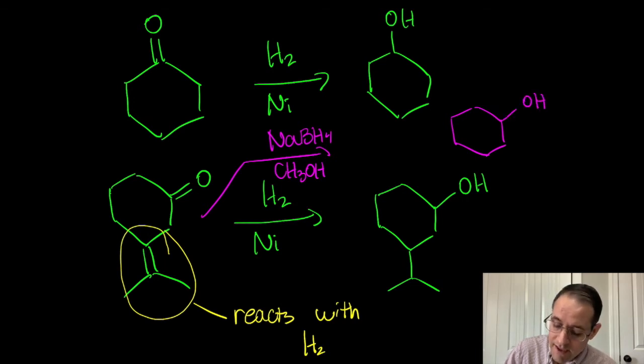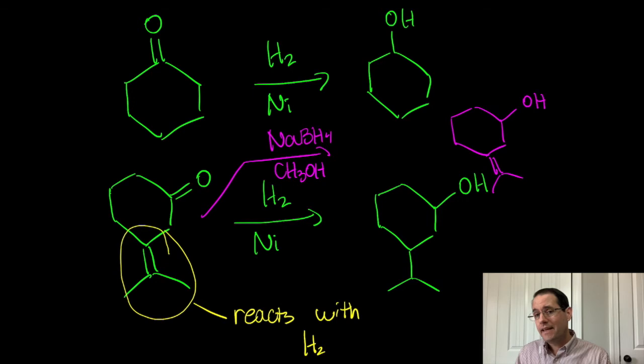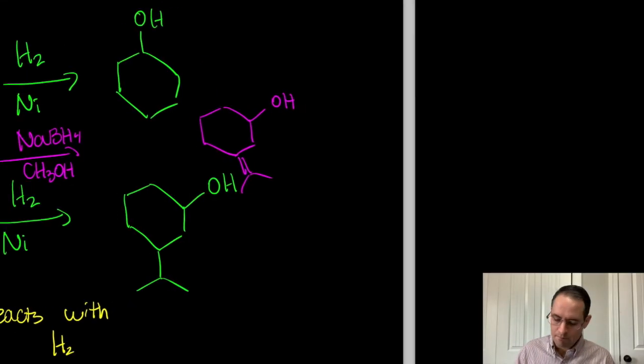Okay, we won't try to name this guy here, but you can see how the alkene does not react with sodium borohydride or LAH. The alkene will only react with H2, okay? So keep that in mind. We call it orthogonality of reaction, okay? One reaction will react with just one functional group. Hydrogen reacts with both, okay? So watch out for that when you're looking, okay?